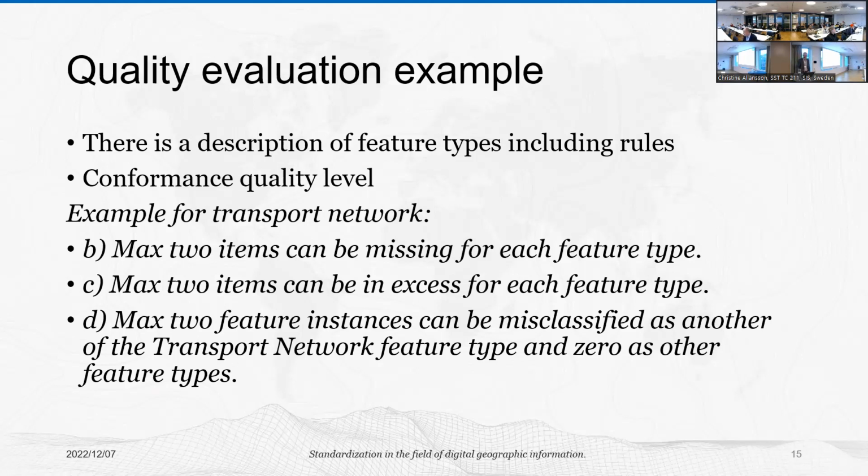Max 2 items can be in excess for each feature type. And max 2 feature instances can be misclassified as another of the transport network feature types, and so as other feature types. So this is what you can compare in your quality test.